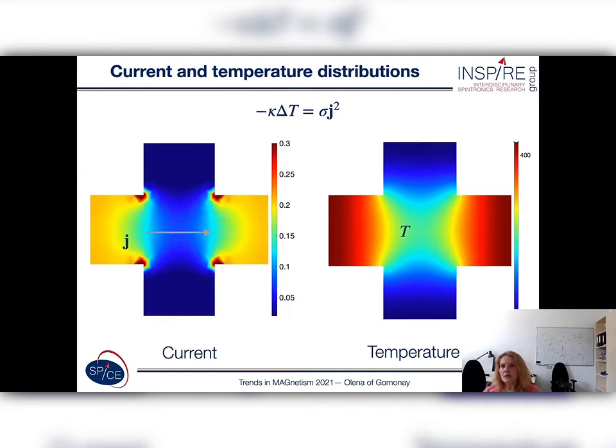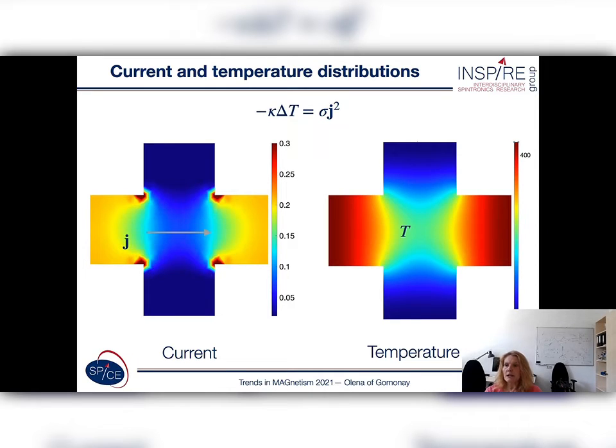So let's consider a standard Hall cross device where the current flows from the left to the right electrode. In the cross region, the distribution of current density is highly anisotropic with hot spots, as shown in the left panel. Such inhomogeneous distribution of current density creates inhomogeneous distribution of temperature simply due to the Joule losses.